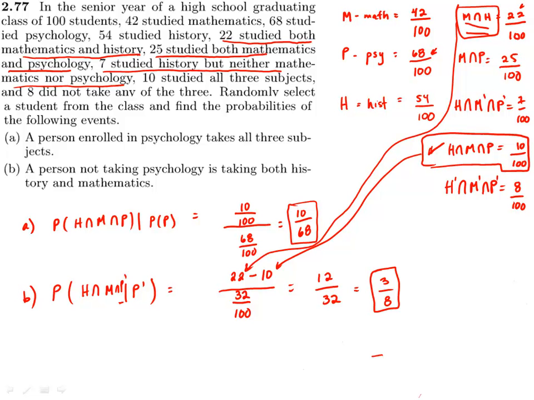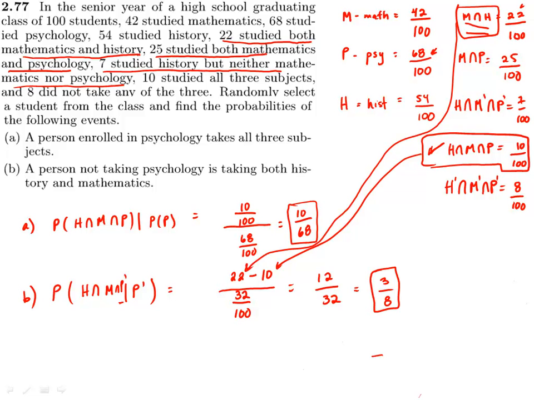Right here. Okay, so the difference between those two is going to give you, from this group, those students who are taking the two subjects but are not taking psychology.